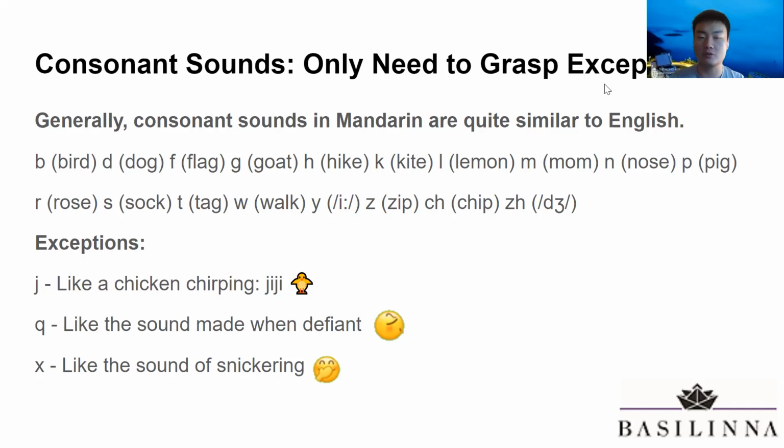For example, first one, b, like bird. Next one, d, like dog. Next one, f, like flag. Next one, g, like goat. Next one, h, like hag.